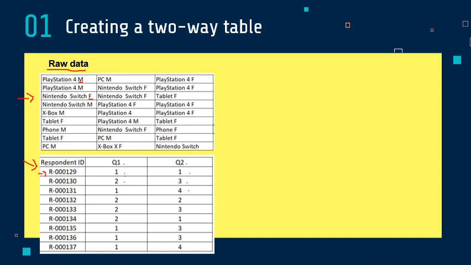So we've got two pieces of data. The first one is the device, and the second one is the gender. So preferred device and then the respondent's gender.